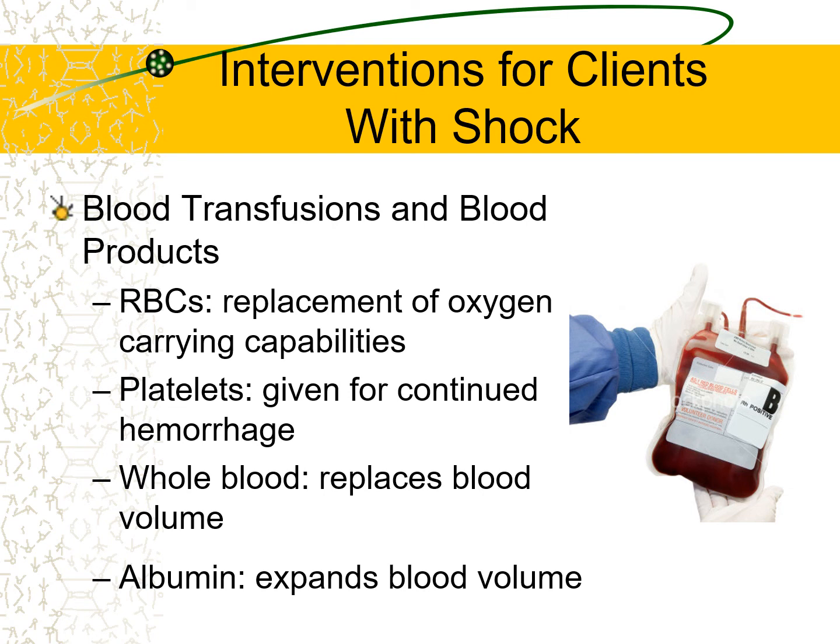I was trying to remember the word. Colloids, such as albumin. Okay, we have 5% albumin, 25% albumin. These are proteins that we give to patients to improve, or as we say, expand the blood volume.